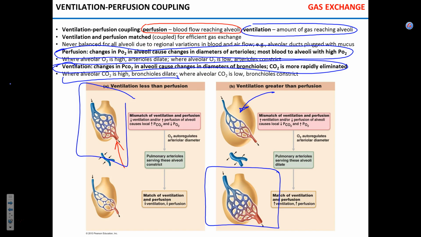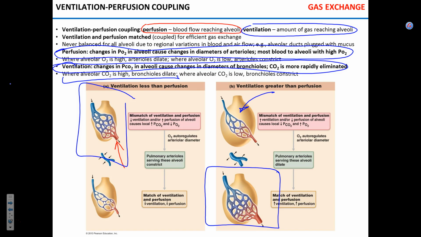So they aren't like solid pipes. They constantly dilate and constrict, matching the ventilation and perfusion. They change their diameter a little bit, but they do.